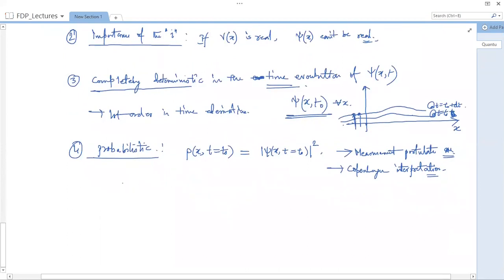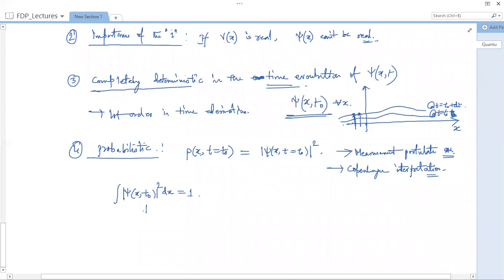Now, since this is completely deterministic, we start with a particle probability, and this thing, mod of psi x at t naught squared dx, is equal to 1.